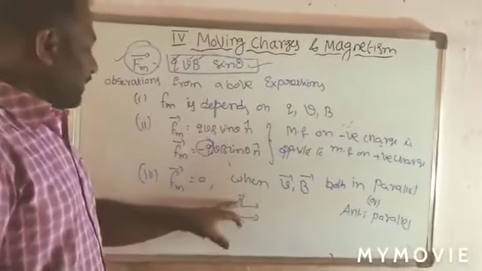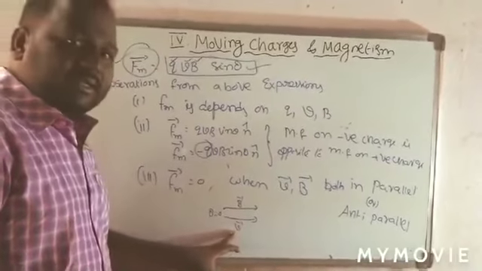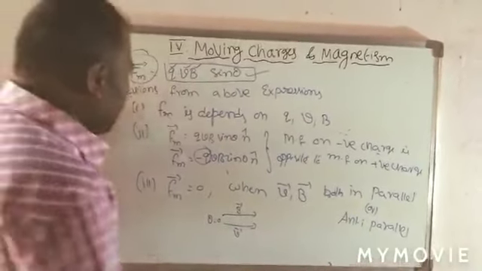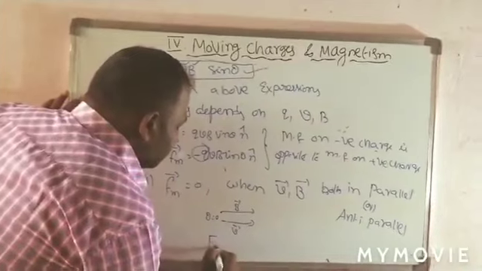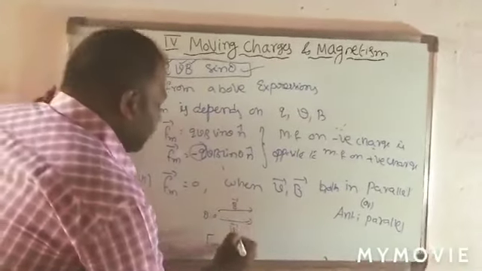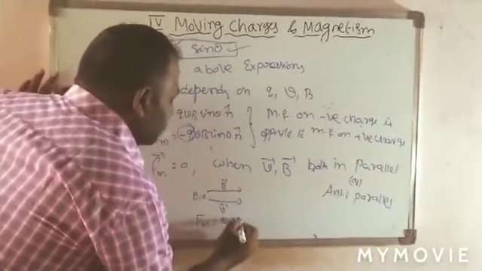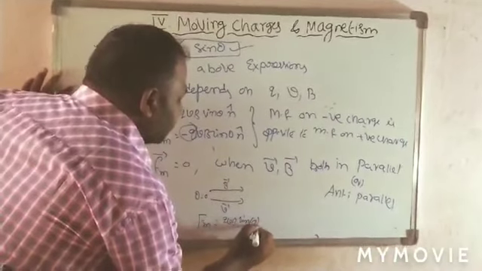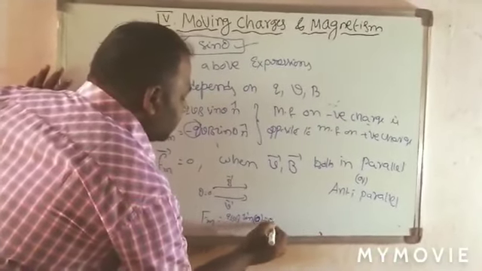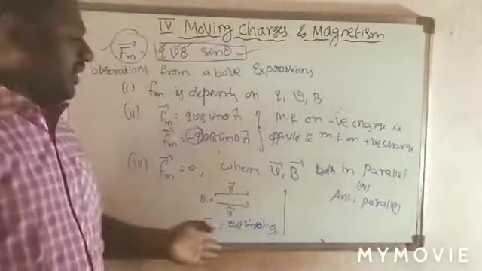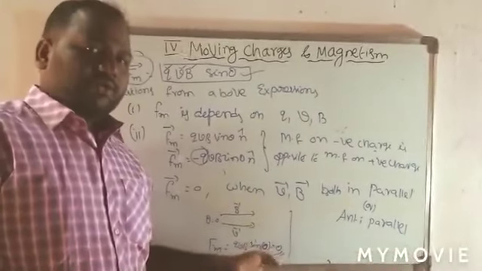So when the field vector and velocity vector are in this manner, the magnetic force is equal to qvB sine of the angle, which is 0. When sine 0 is 0, in that case the magnetic force becomes 0.